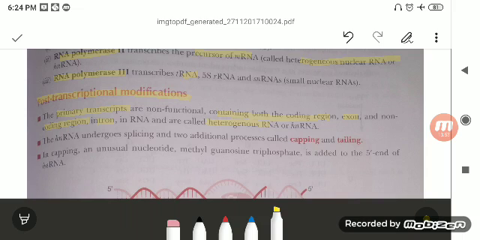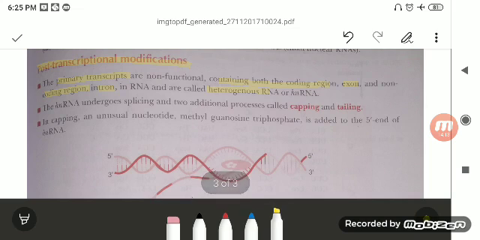The whole of the transcript is functional. But in eukaryotes, they have non-functional as well as functional regions, the coding region known as exon and the non-coding region known as intron. So for the processing, they undergo splicing and 2 additional processes, that is capping and tailing.